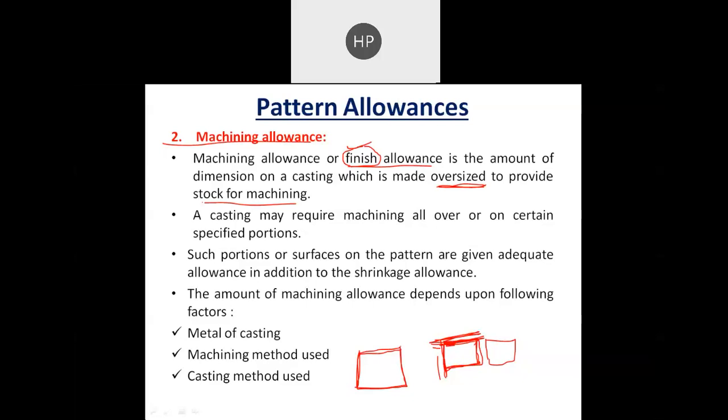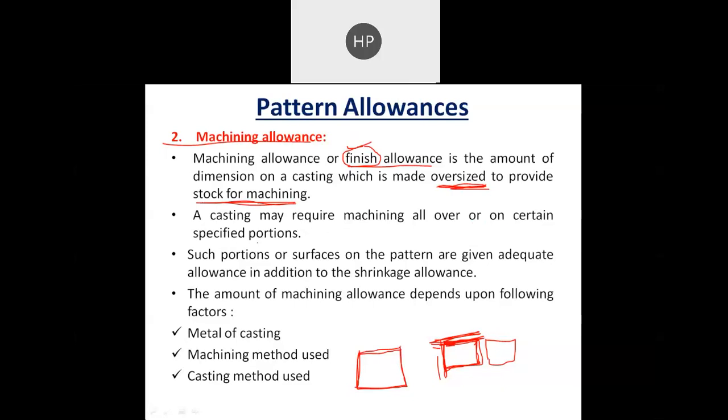So to compensate that, an oversized pattern is made to provide stock for the machining. Okay, so during that machining, that extra stock will be removed, and so we get a finished layer. So a casting may require machining all over or on a certain specified portion.